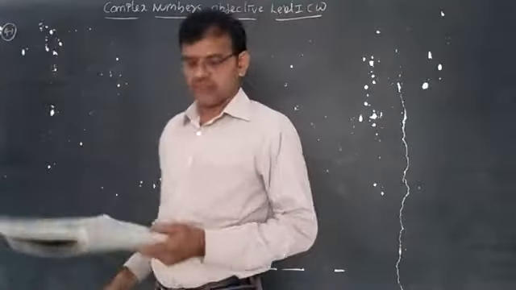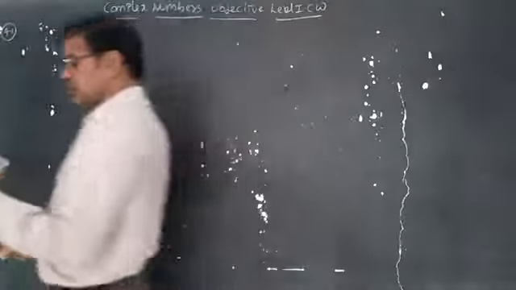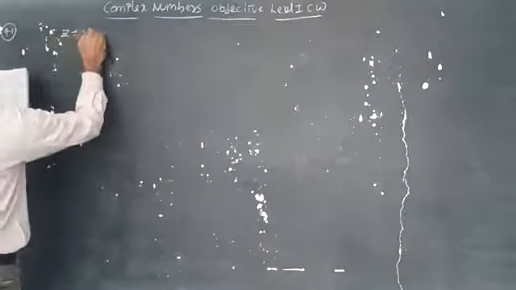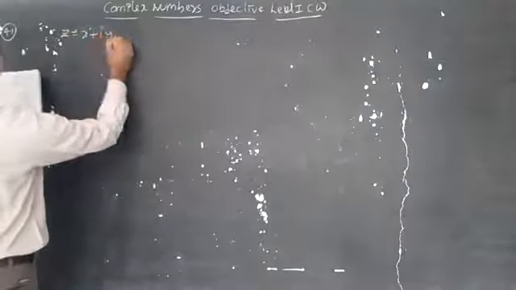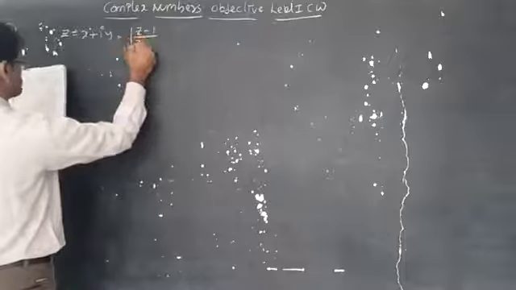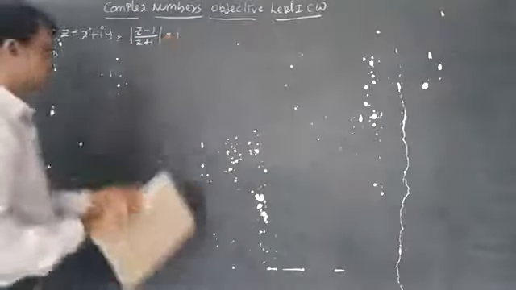The locus of point z is equal to x plus iy, any complex number satisfying the equation modulus of z minus 1 by modulus of z plus 1 is equal to 1. Then what is the locus?